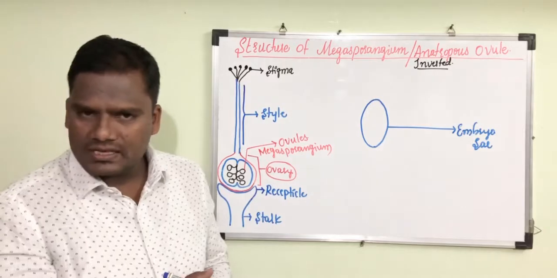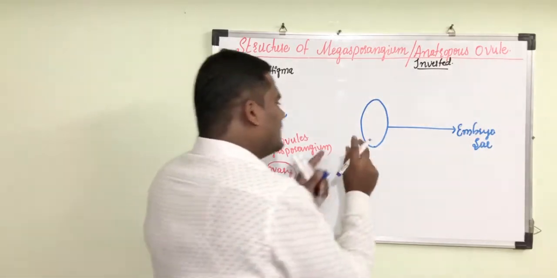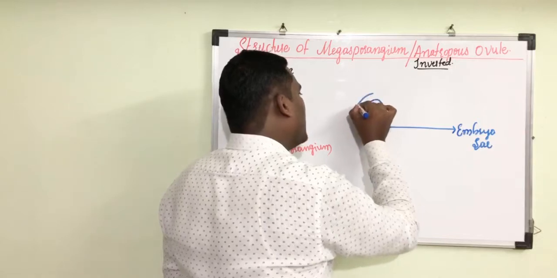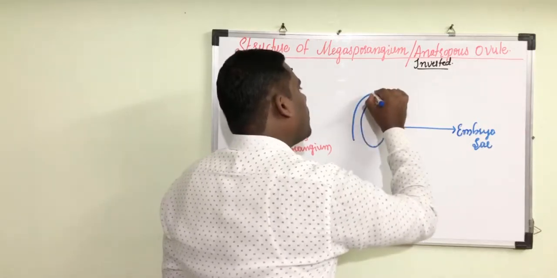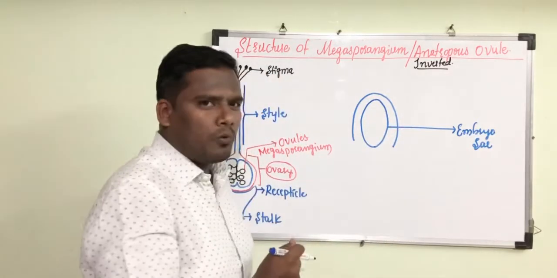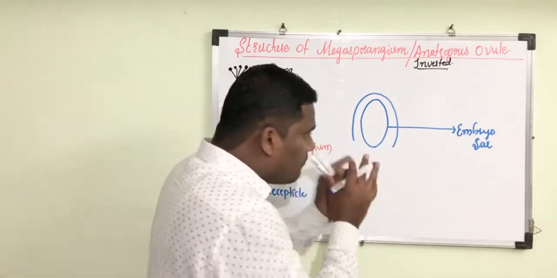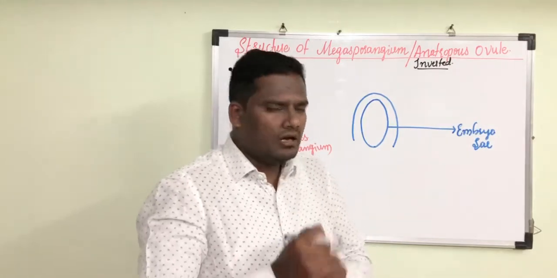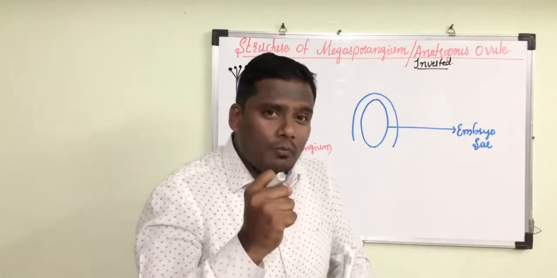This embryo sac is surrounded by a group of parenchymatous tissue in which an abundant amount of food is reserved, a rich amount of nutritive material.